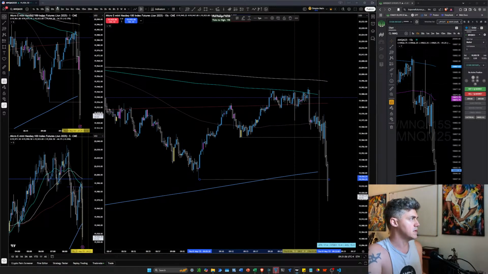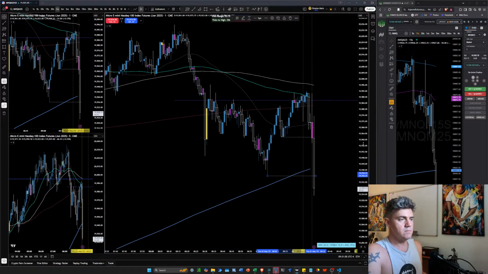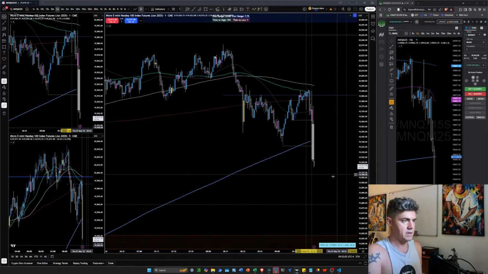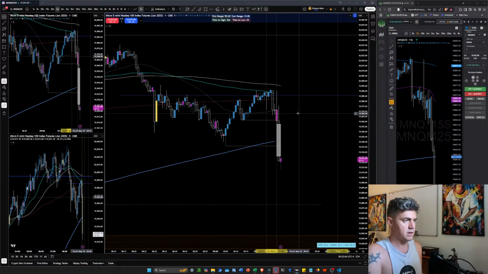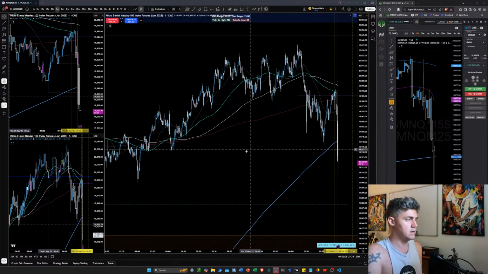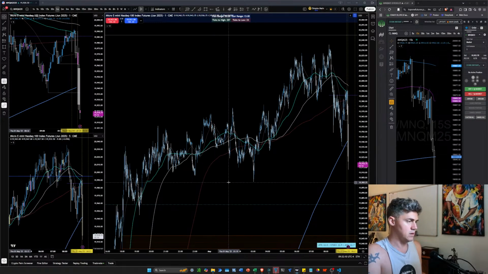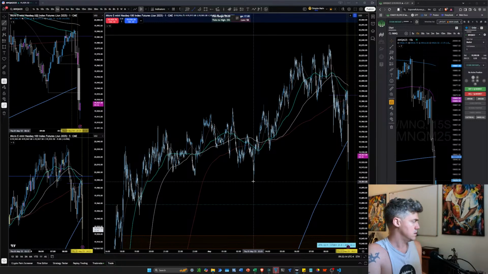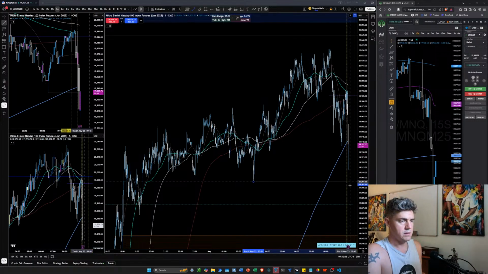How much room does it have to fall? Kind of a lot. Yesterday's high here, new day opening gap here. Possible first fair value gap there. This is London's low here. Yeah, London's low there.